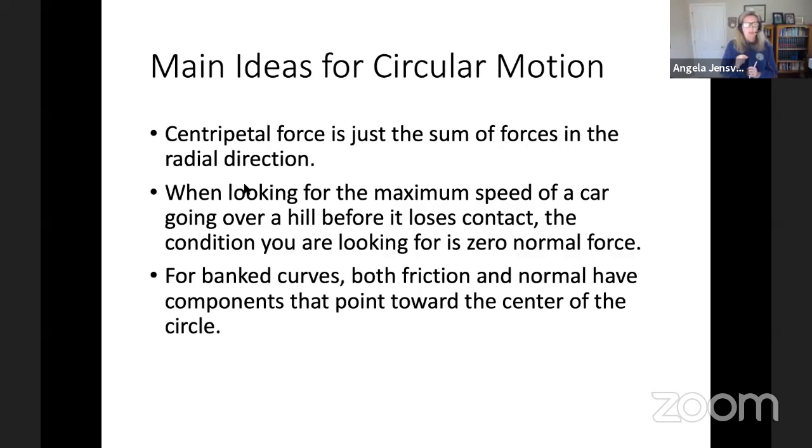When looking for the maximum speed of a car going over a hill, the condition you're looking for is zero normal force. So zero normal force is right at the boundary when the object will lose contact. Let's say it's a car. The object will lose contact with the road. And then for banked curves, if you remember yesterday, we had both friction and normal, both have a component that's toward the center of the circle.